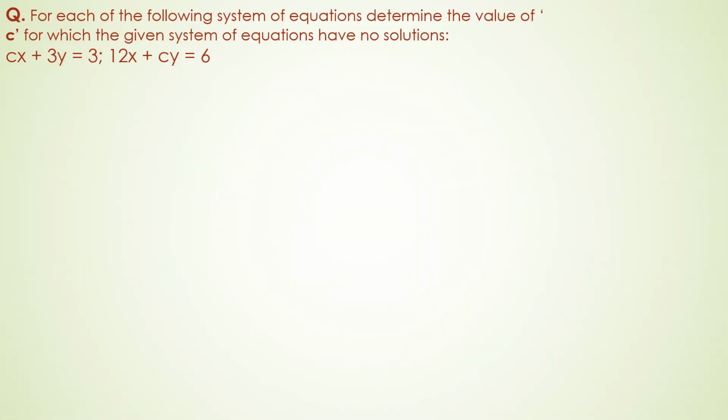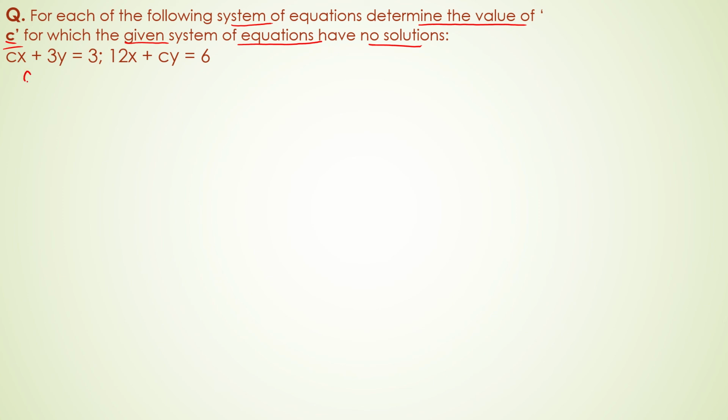Let us see one more problem based upon finding the value of unknowns. Here, for each of the following systems of equations, we have to determine the value of c for which the given system of equations has no solutions.